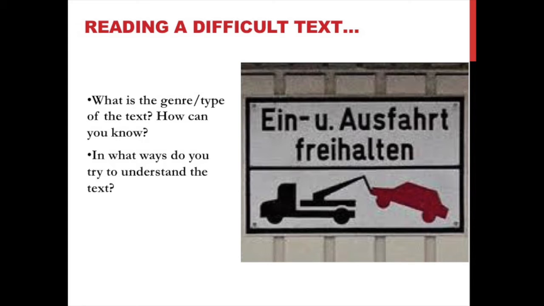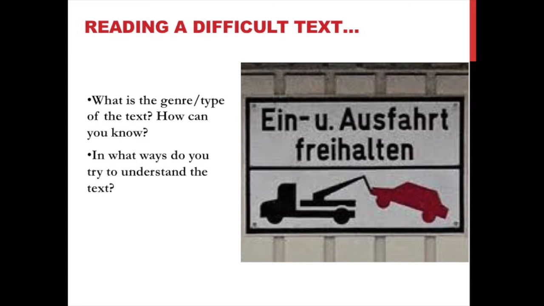So without really understanding these specific languages, including myself, I don't understand this language. So what do you think the type of text this is? I would say many of you would think this is a street sign for drivers on the road, right?